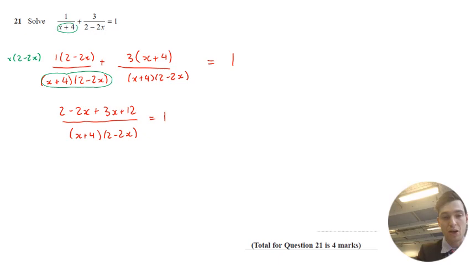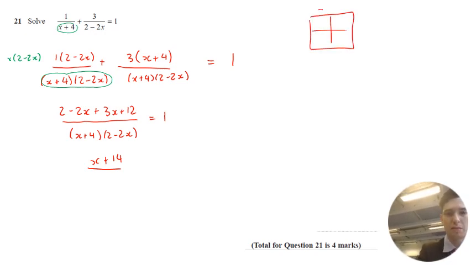Now, in my next step, I know I need to collect like terms. So I've got plus x, sorry, because minus 2x plus 3x is x, plus 14. And here I'm actually going to expand the brackets in the denominator.